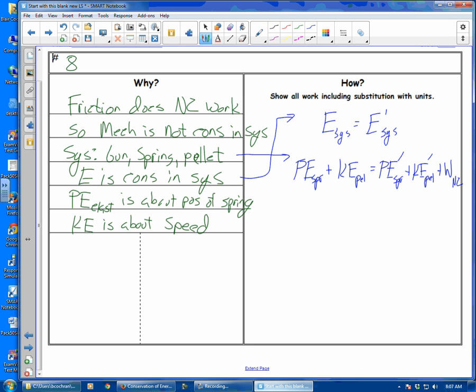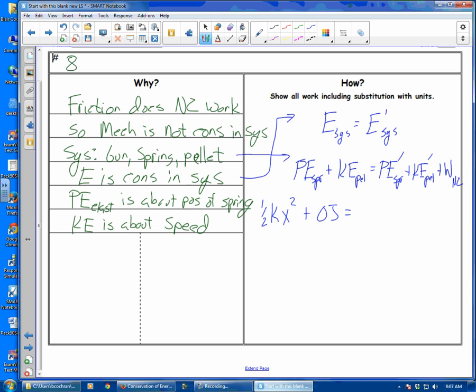So if I look on my equation sheet, the potential energy of a spring, the energy due to its position, is 1/2 kx squared. How much kinetic energy is the pellet going to have when it starts, before it moves? 0. So that's going to be 0 joules right away.